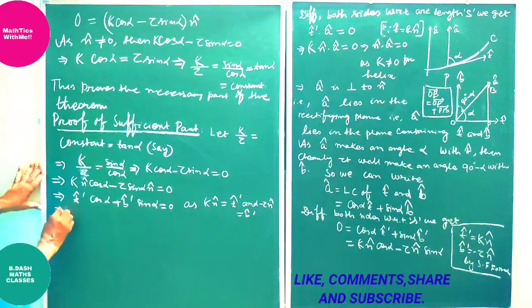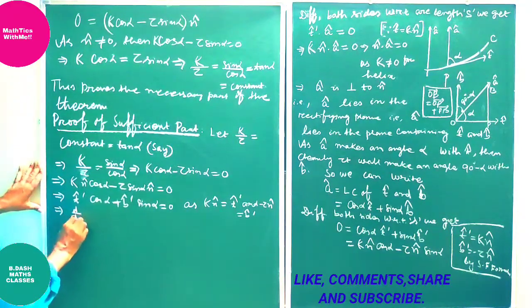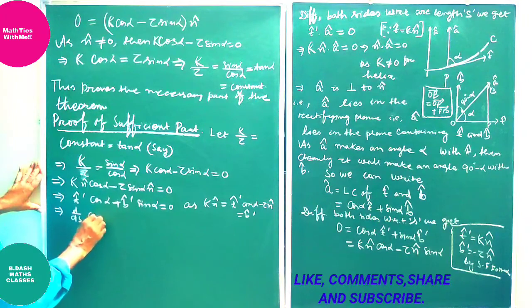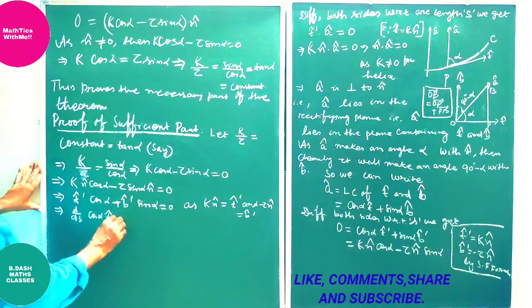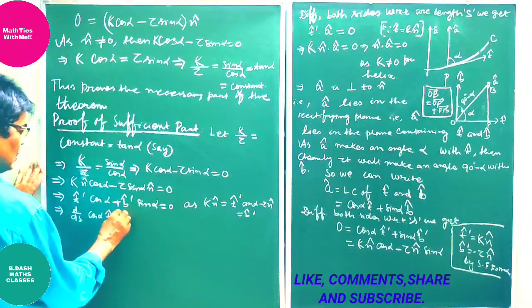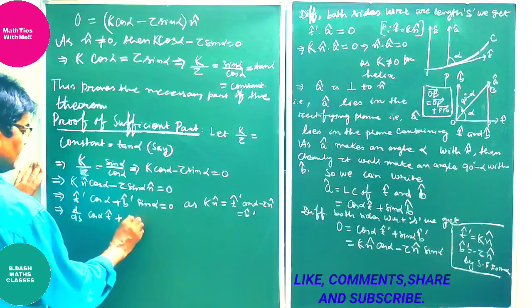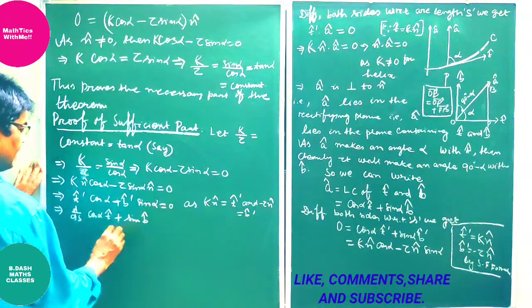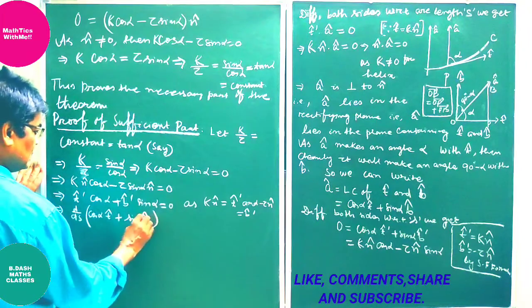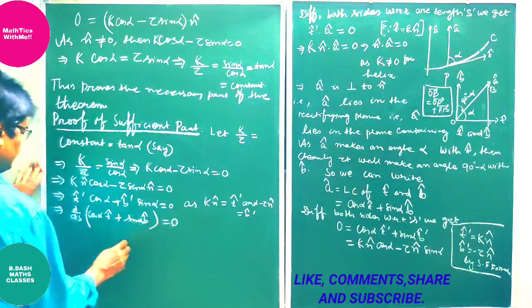So these can be written as d by ds of cos alpha T cap plus sin alpha B cap is equal to 0.